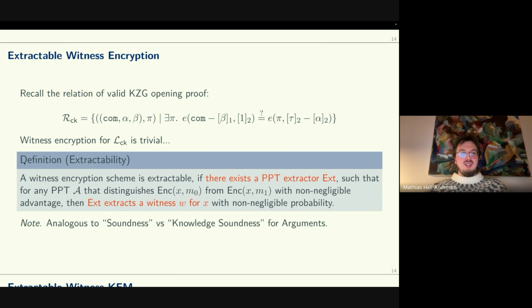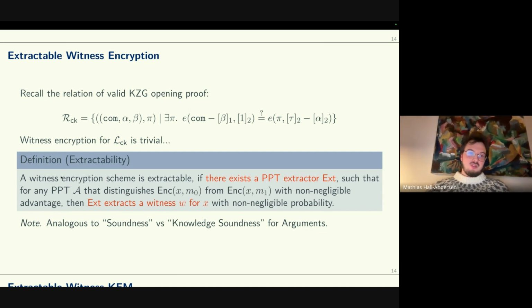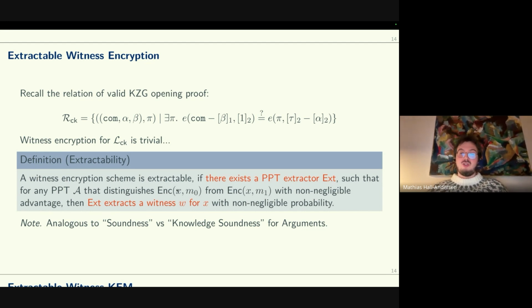So we need again, similar to when we defined polynomial commitments, some extractability notion. And we say that a witness encryption scheme is extractable, which is a stronger property, if there exists an extractor such that for any PPT adversary that distinguishes these two distributions, in other words the two distributions that we had before, with some non-negligible advantage, then the extractor is capable of recovering a witness with non-negligible probability.